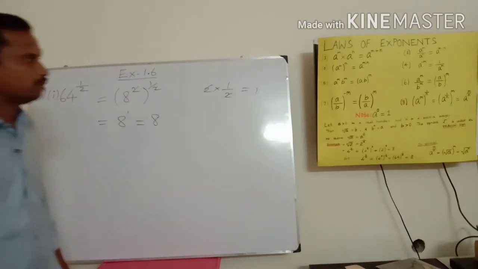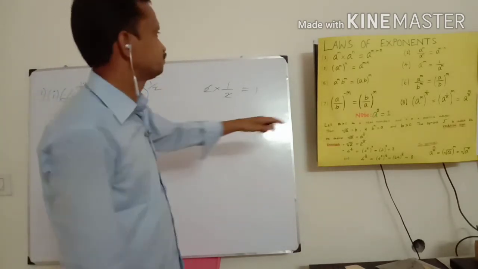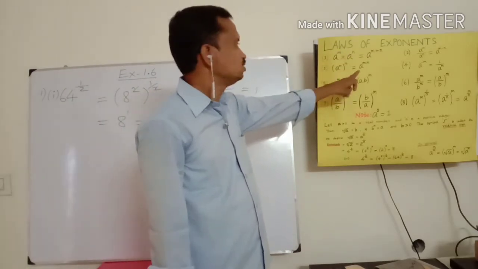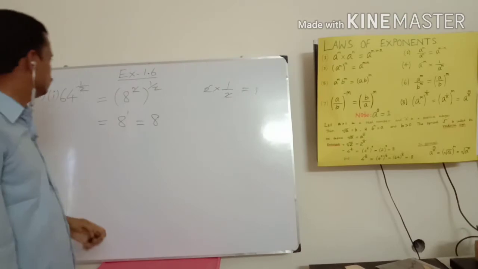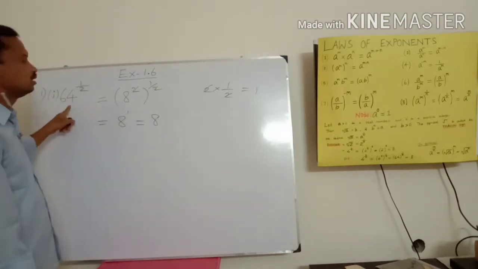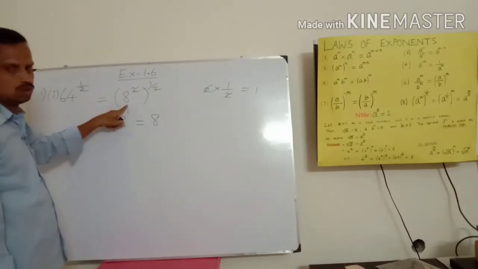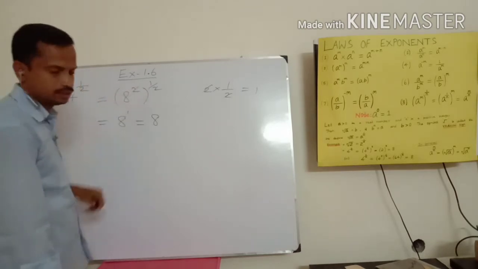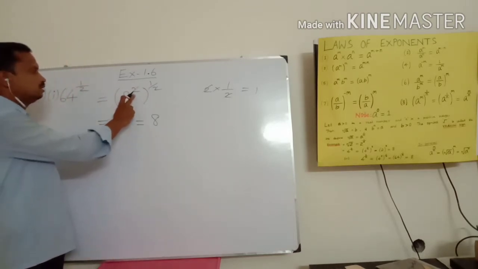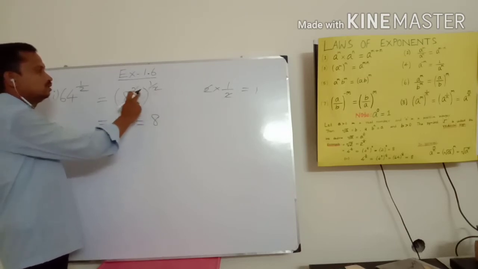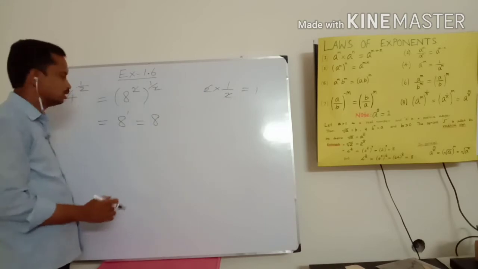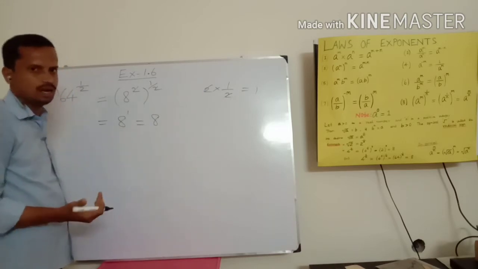Is it clear? By applying this law, a power m to the whole power n is a power mn. So applying this, we can make 64 as 8 square and then the power 1 by 2 is already there. So you write that as it is, and then power to power. So you have to multiply like this, you get 1. So 8 power 1 is nothing but 8.